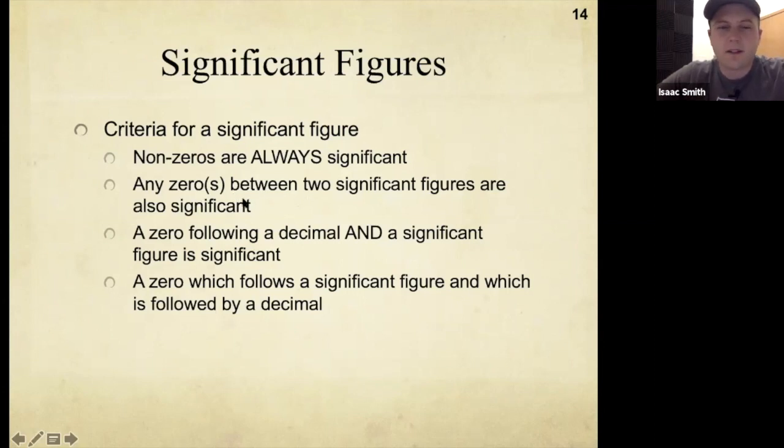Those zeros aren't between 2 significant figures. The only significant figure was the 1 on the far right. A 0 following a decimal and a significant figure: those zeros followed a decimal point, but they did not follow a significant figure, so they're not significant. And then a 0 which follows a significant figure: those do not follow a significant figure, so they automatically don't qualify for this third one.